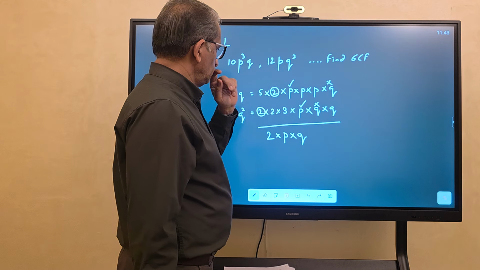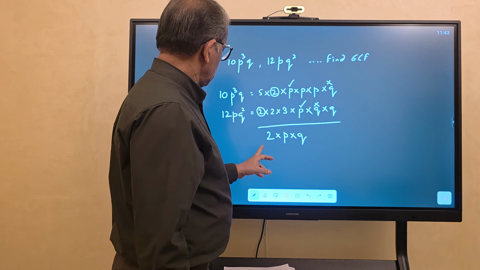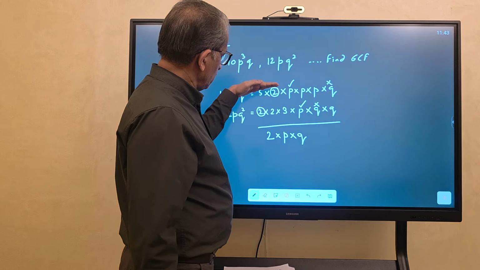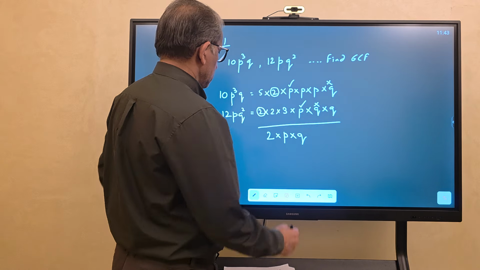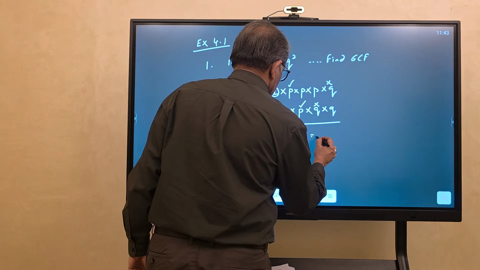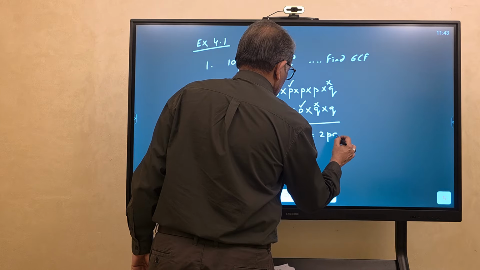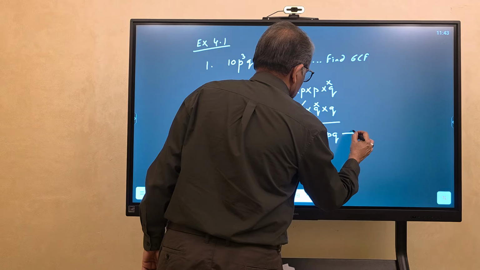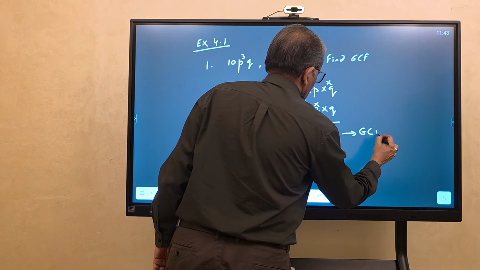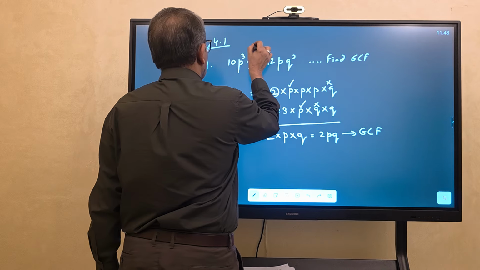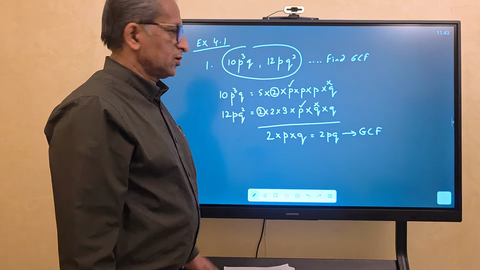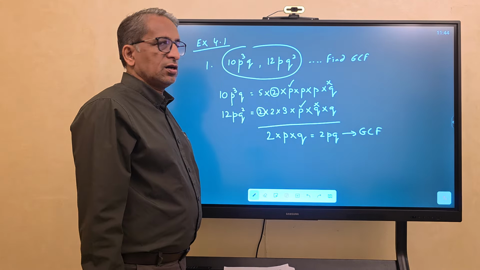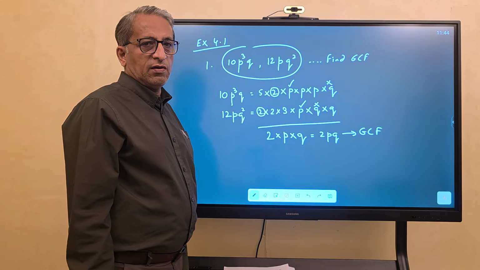So now there are no other terms other than 2PQ which are present in the first and the second, that is common. So I will multiply this. So it is 2PQ, which is the greatest common factor of these two monomials. So this is how we find the greatest common factors.